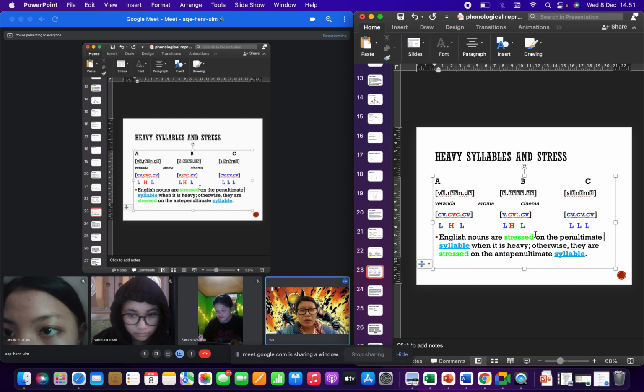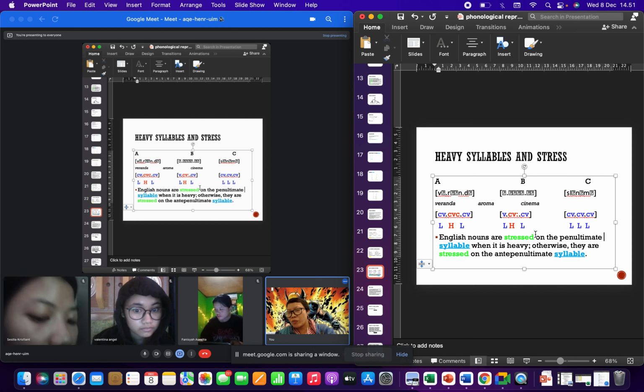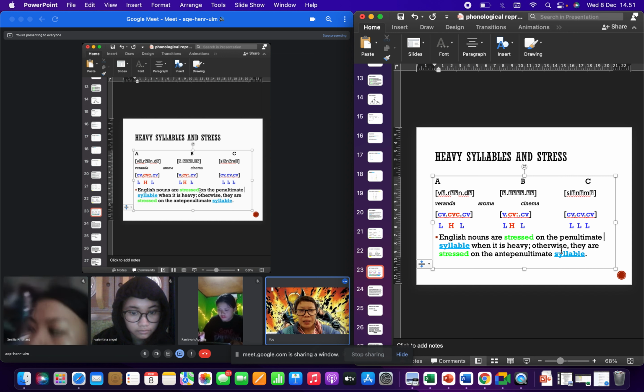While if there is stress on the antepenultimate, antepenultimate means the syllable on the third position from the last, while penultimate is the syllable on the two before the last position. So if we see the heavy syllable and the stress, the stress that is heavy occurs as the penultimate syllable.